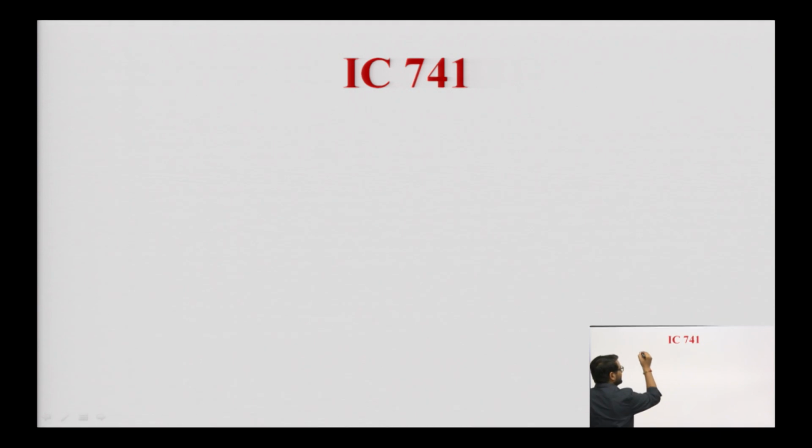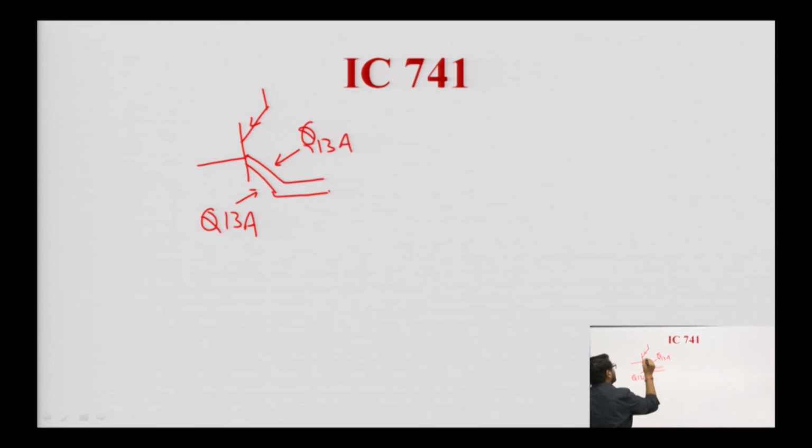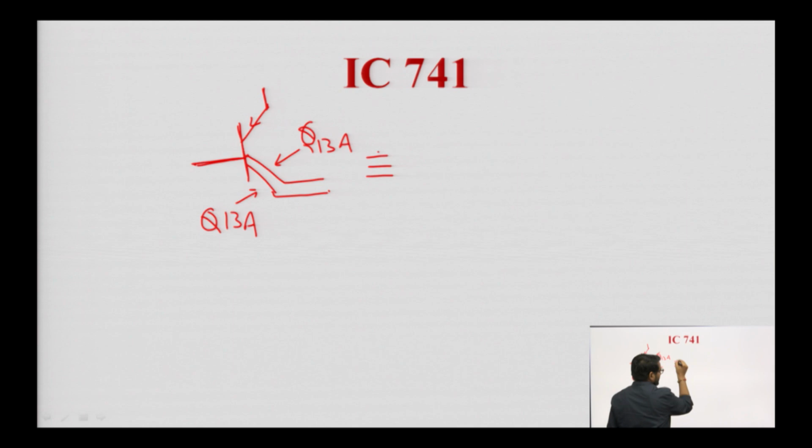Q13A, we see the... so this will be the Q13B, and here is the Q13A transistor. This is the base terminal, and this one the emitter. So, this is the equivalent if you draw the equivalent circuit of this arrangement of BJT transistors.